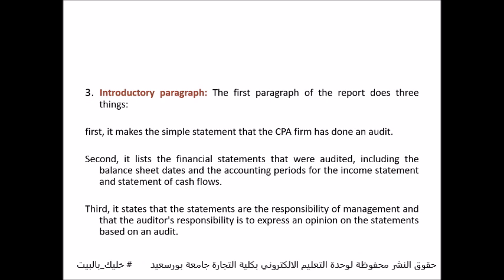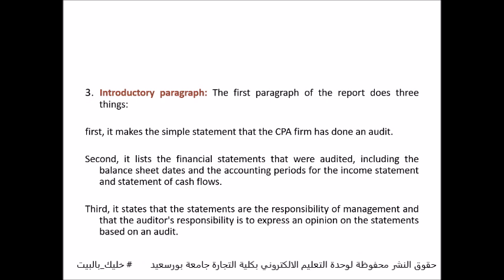Second, it lists the financial statements that were audited, including the balance sheet dates and the accounting periods for the income statement and statement of cash flows. Third, it states that the statements are the responsibility of the management and that the auditor's responsibility is to express an opinion on the statements based on an audit.